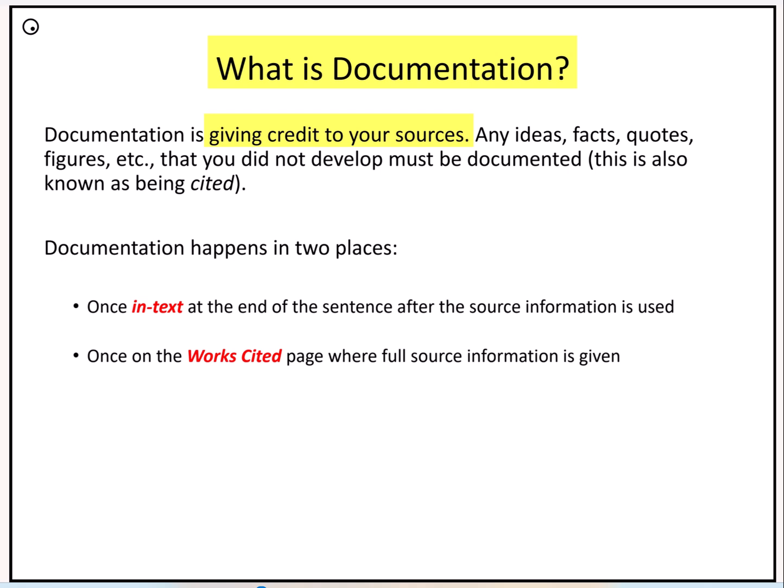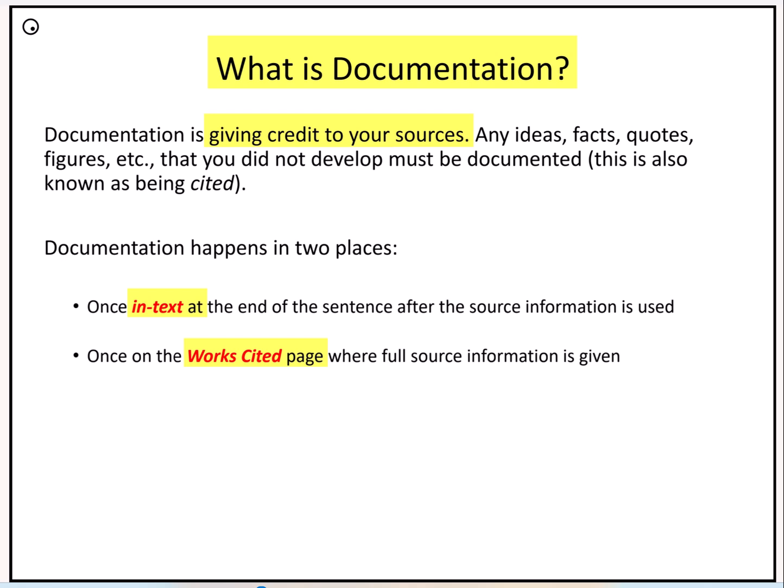So there are two places where we cite things. First, it should happen in text. This means that it is going to occur the moment we talk about the idea, the fact, the quote, the figures, etc. And then secondly, it should happen again in the works cited page, and that's at the very end of your paper.